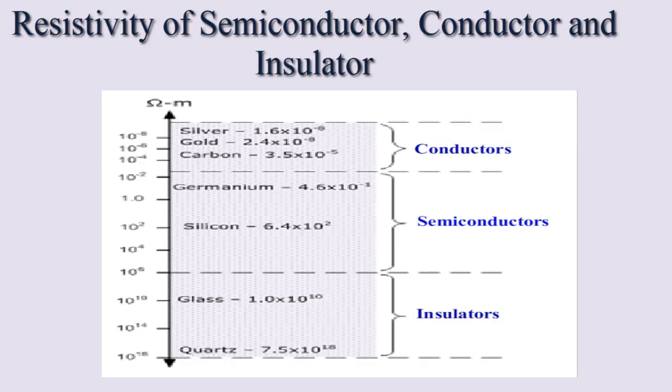However, the resistivity of semiconductors is quite low compared to insulators like glass, whose resistivity is 1 × 10^10 ohm meter, and so on.